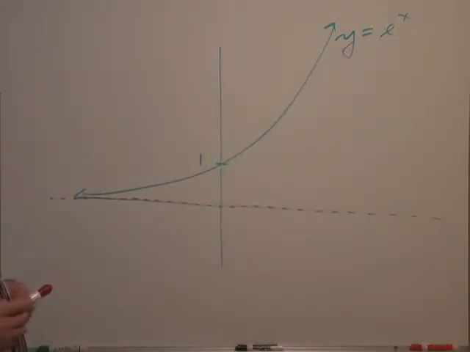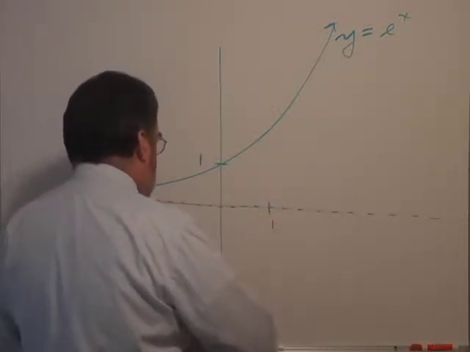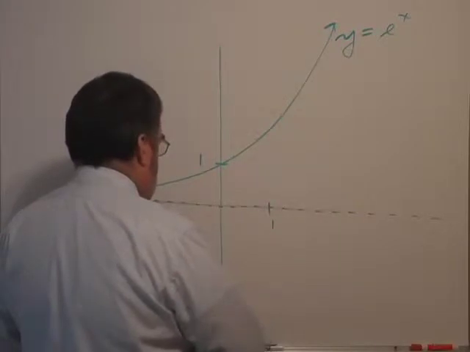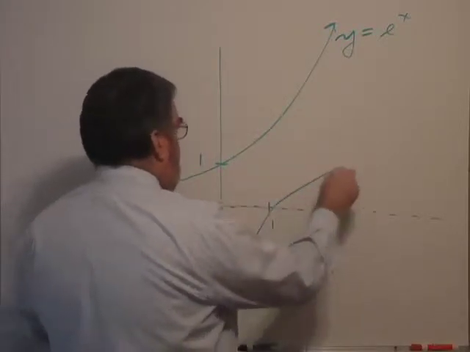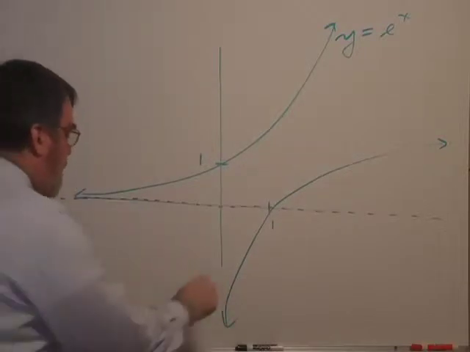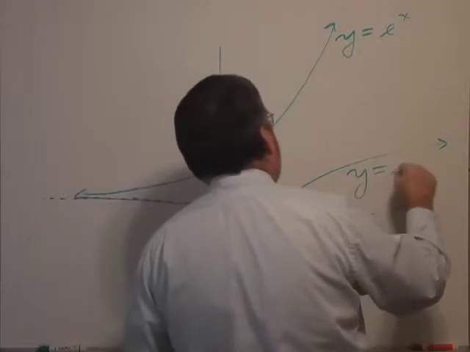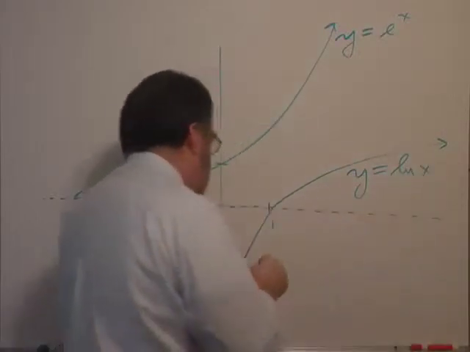Now, the inverse function of e to the x is the natural log function. So the natural log function happens to look like this. This is y equals natural log of x.